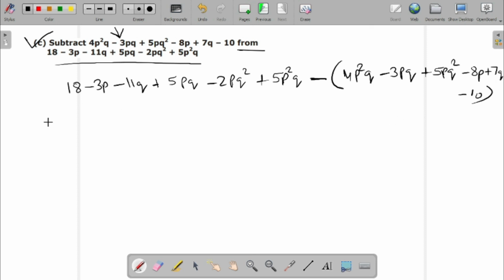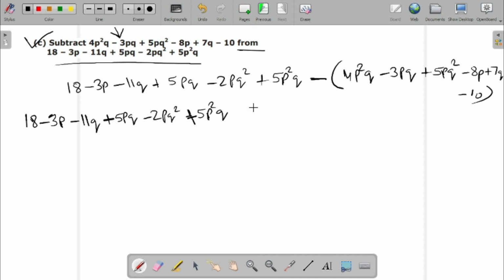So after this step, we write here 18 minus 3p. These terms as it is, no change. In the second step, we open the bracket. Now the bracket starts. Now if there is minus, we have to change the sign of each and every term.